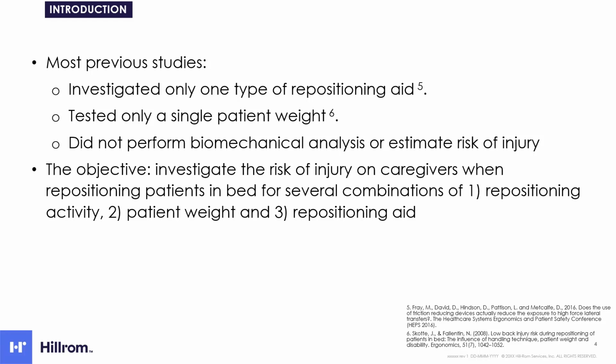Therefore, the objective of the current study is to investigate the risk of injury on caregivers when repositioning patients in bed for several combinations of repositioning activity, patient body weight, and repositioning aid.